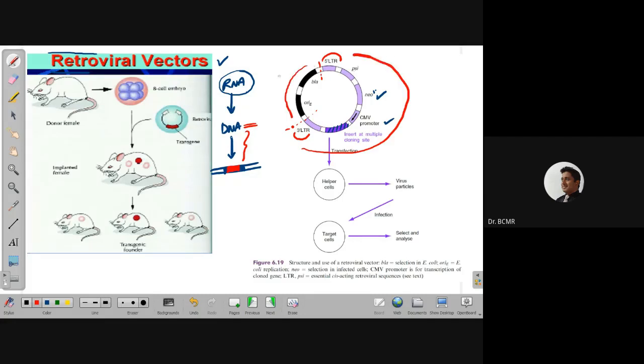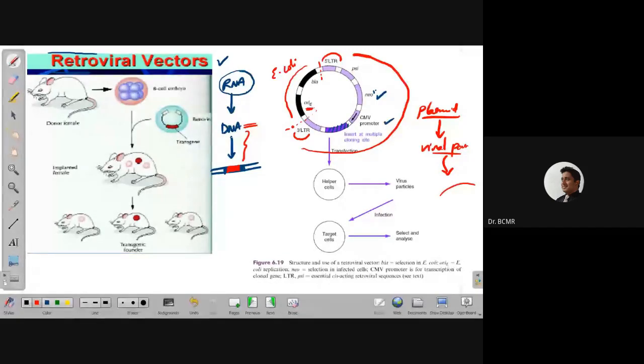And this part is for manipulations in E. coli. That's why you have an origin of replication. So once you have made the manipulation, you are almost treating it like a plasmid. But now one has to make it as a virus. You have to make it as a viral particle, mostly because it should be taken up by the cells, and then the construct should become double stranded.